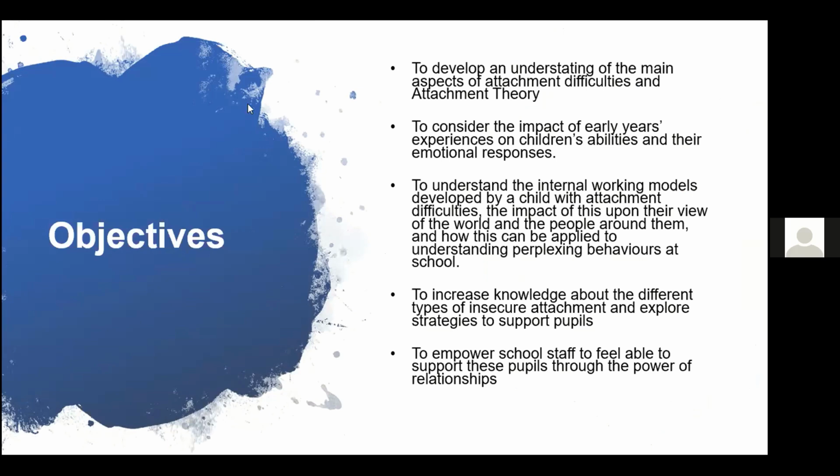You'll have an understanding of children's schema as a result of their attachment difficulties and the impact of that upon their view of the world and the people around them, so that we can begin to think about how these children might be feeling, to view the world through their eyes and to think about how this might lead to some of the challenging behaviours that we're seeing in schools.